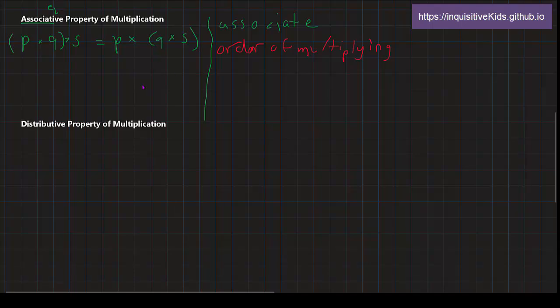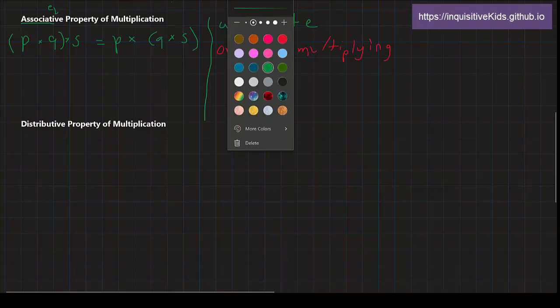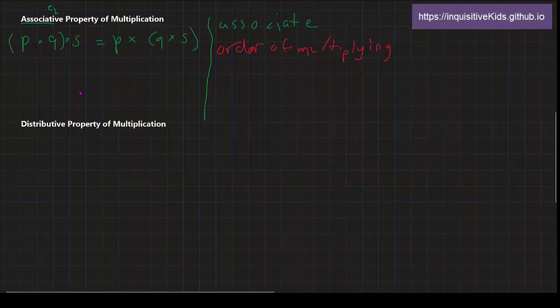So another example with real life numbers would be 5 times 4, and then times 3 would equal 5 times the product of 4 times 3.